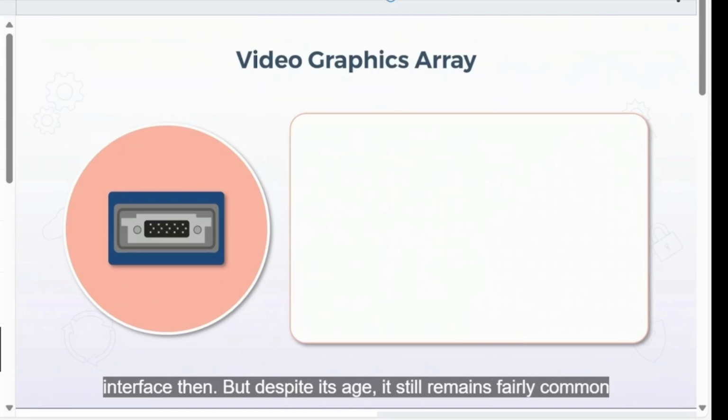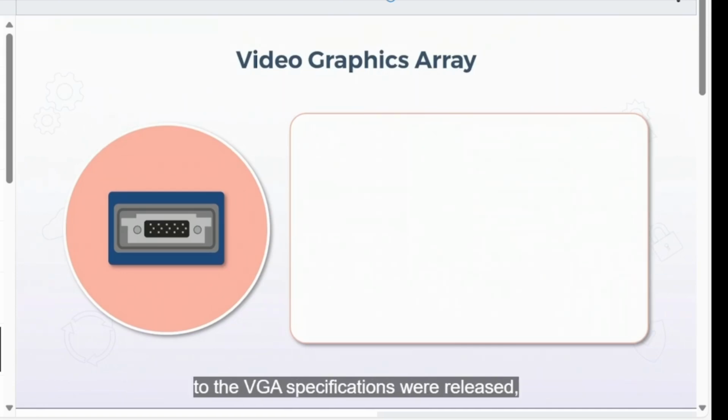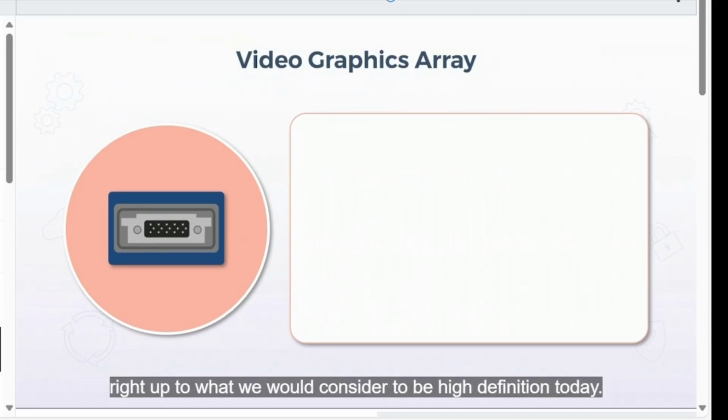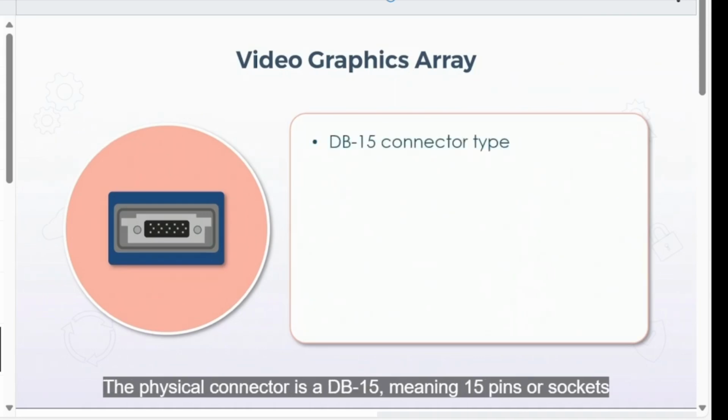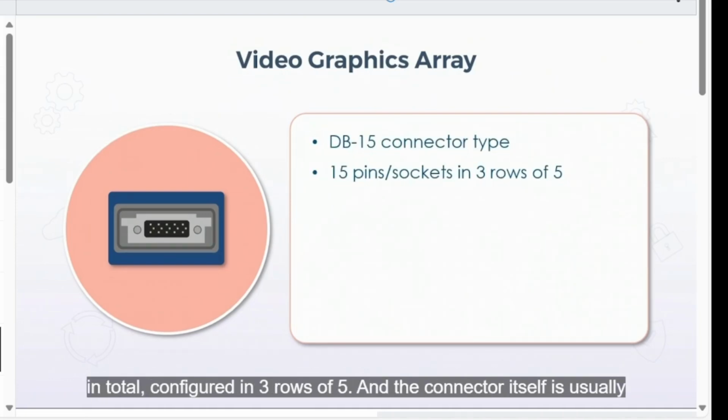But despite its age, it still remains fairly common, even in today's environments, because as improvements to the VGA specifications were released, it did provide support for enhanced resolutions right up to what we would consider to be high definition today. The physical connector is a DB15, meaning 15 pins or sockets in total, configured in 3 rows of 5.